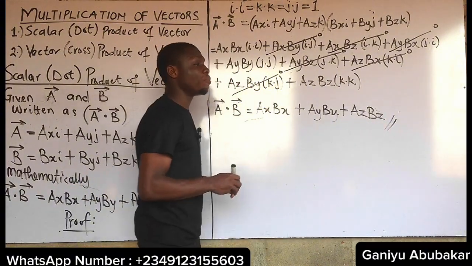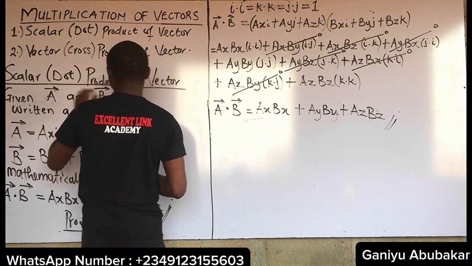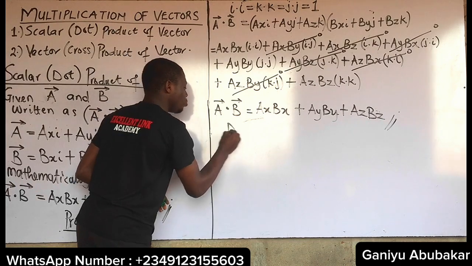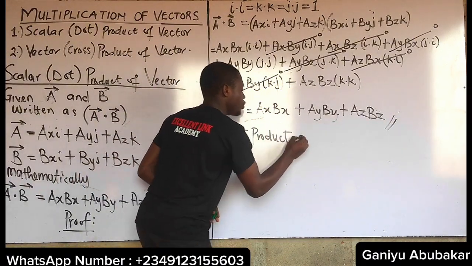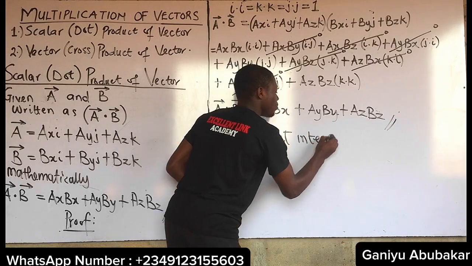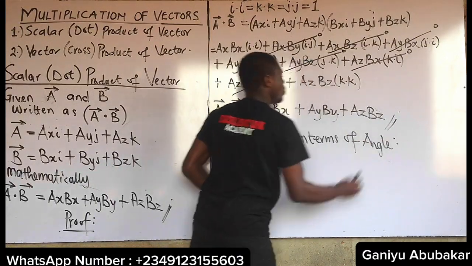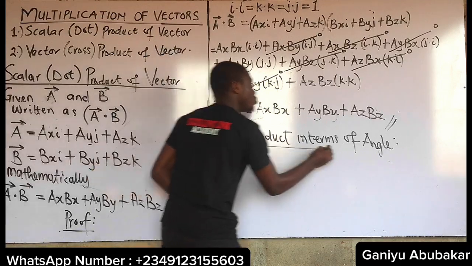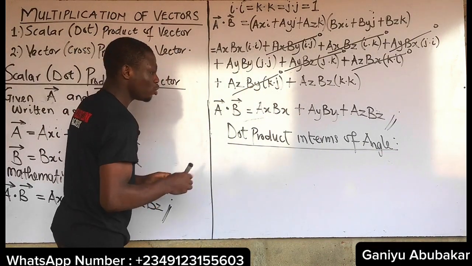Before using this to solve some problem, let's look at something important. Dot product in terms of angle. What's the concept when it comes to dot product in terms of angle? What do we need to know? So here's what you need to note.